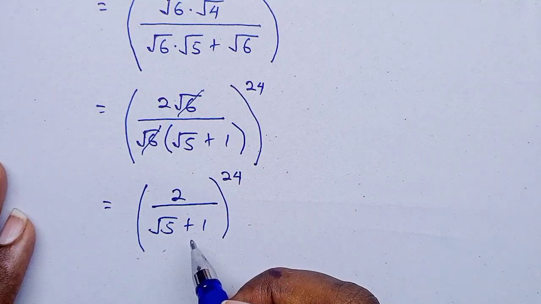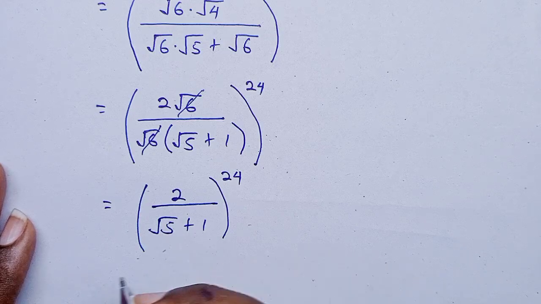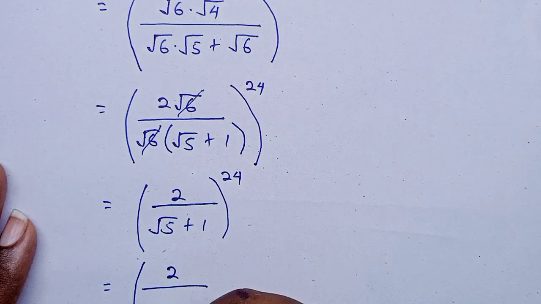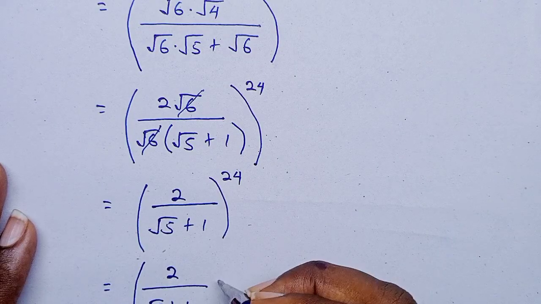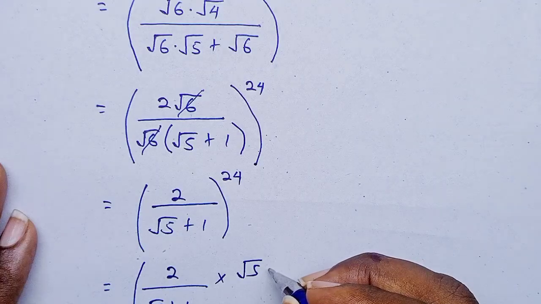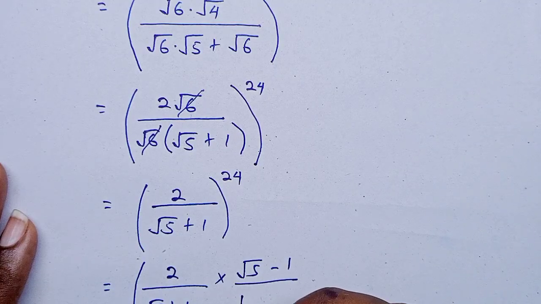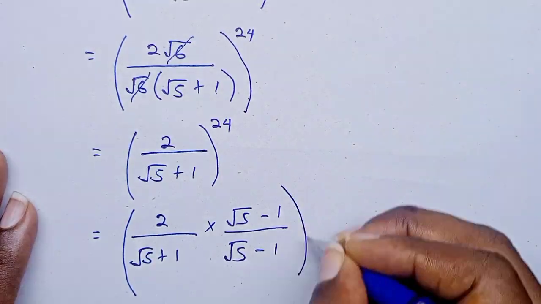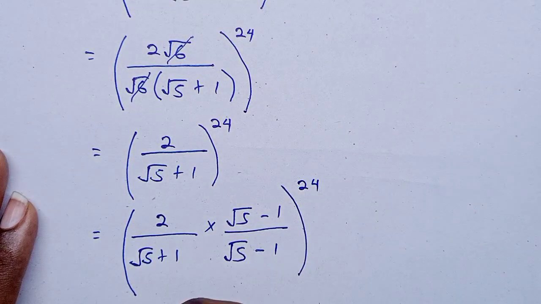Now the next step is we are going to rationalize the denominator. So we shall have 2 over root of 5 plus 1, then times root of 5 with the opposite sign minus 1 over root of 5 minus 1 to power 24.